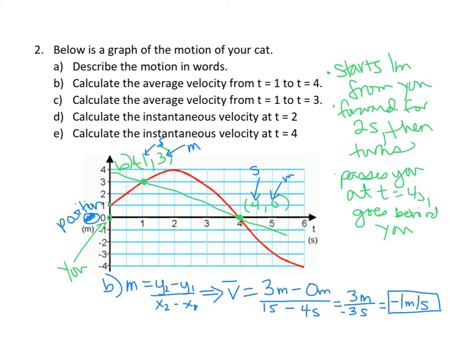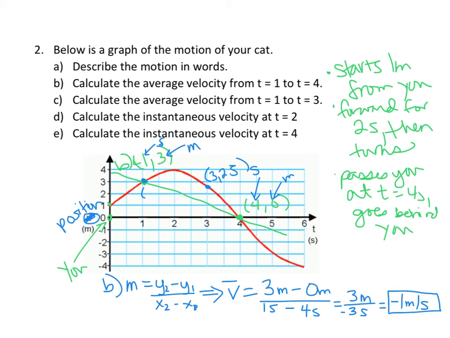So for part C, I asked you to calculate the average velocity from 1 to 3. That one actually is a little bit less fun, because at 3, to me it looks like that point is about (3, 2.5).